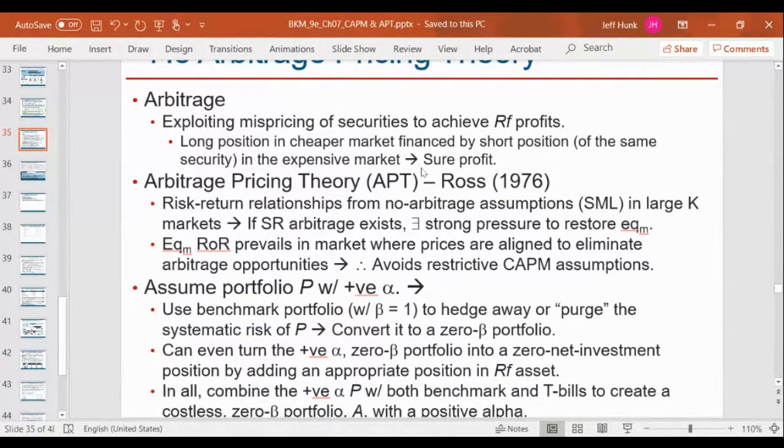Then that's definitely a sure profit making strategy. Why? Think about it. If you short high, that means you're selling high, and with the proceeds you buy the same security that is priced low. Then, obviously, you bought low and sold high. So it's definitely sure profit.